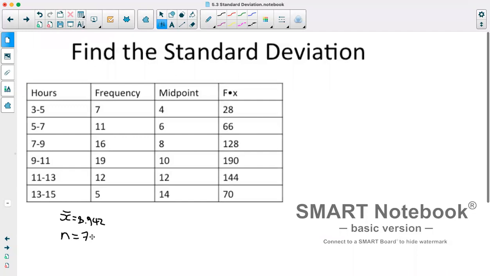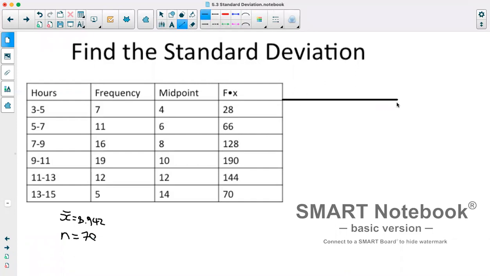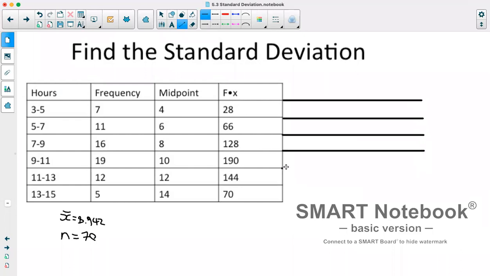Our n was 70. So I'm going to just add a couple more columns onto this to help us, because it's probably easiest if we do it in a table and don't write out as one big long formula.